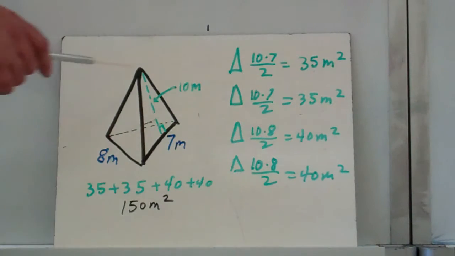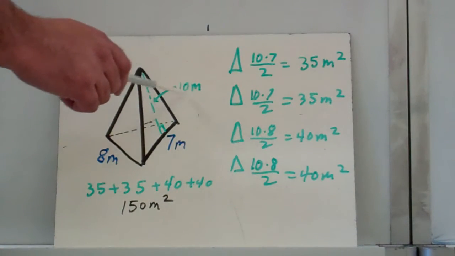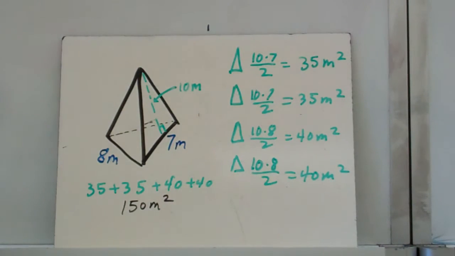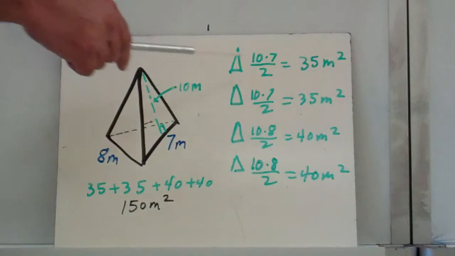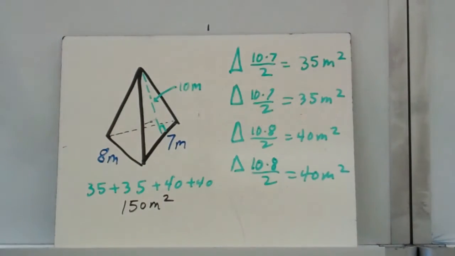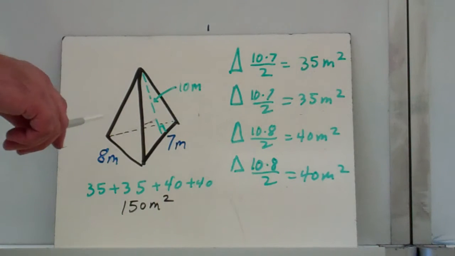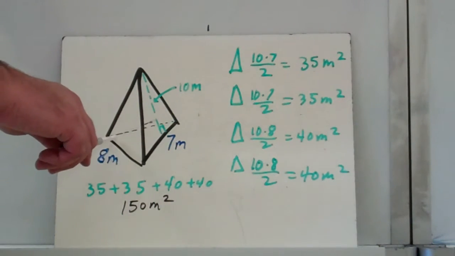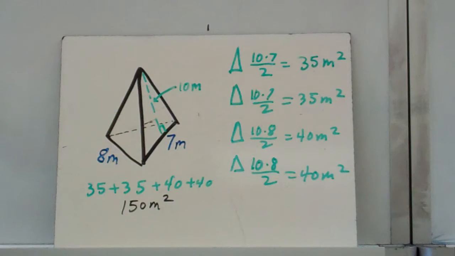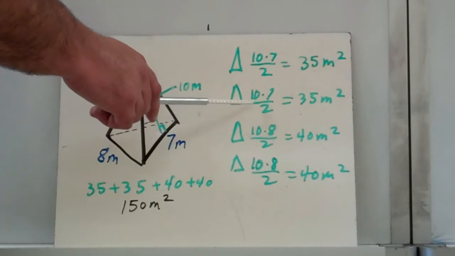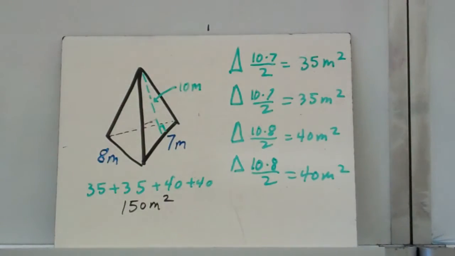So I look at this face and I take my slant height of 10 and my base of 7, multiply those together and get 70, divide by 2 and get 35 meters squared. Now this face has a partner on the opposite side, because this dotted line back there is also measuring 7 meters. So that would be 10 times 7, again divided by 2, and get 35 meters squared.